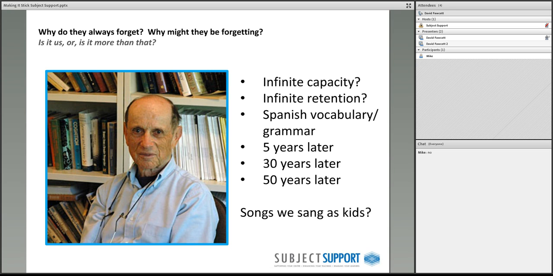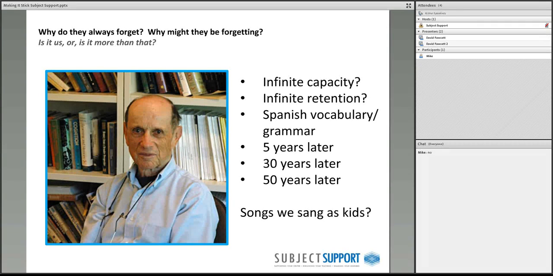He found that retention rates after 5 years dropped significantly, but for the next 30 years they stayed quite stable. Even after 50 years, people could still recall Spanish, even though they'd never used it since high school. So the question is, do we store everything that we learn?